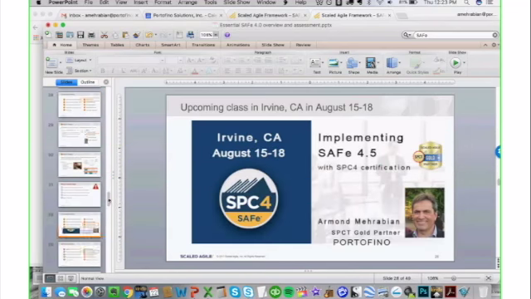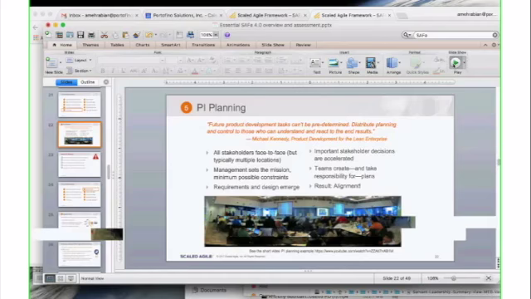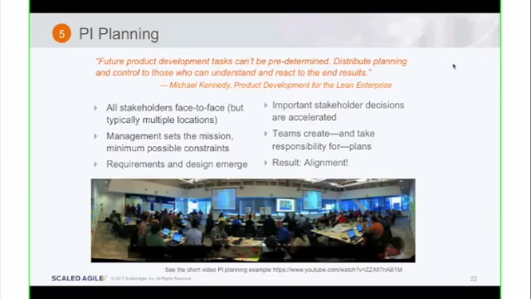Yeah, so the reason that's important is a couple of things. One is that there are lots and lots of dependencies in large scale implementations. In other words, teams don't know what other teams are dependent on them, and they don't often know if the teams that they're dependent on have the capacity to meet their dependencies, right?